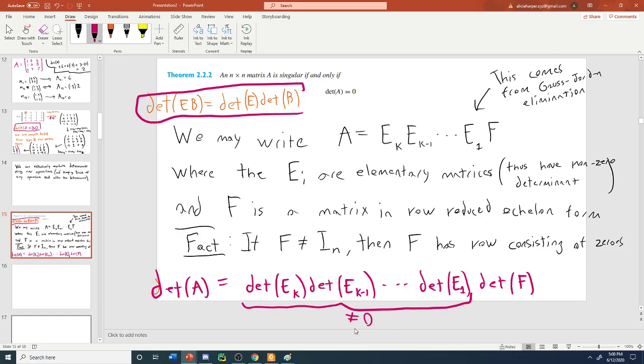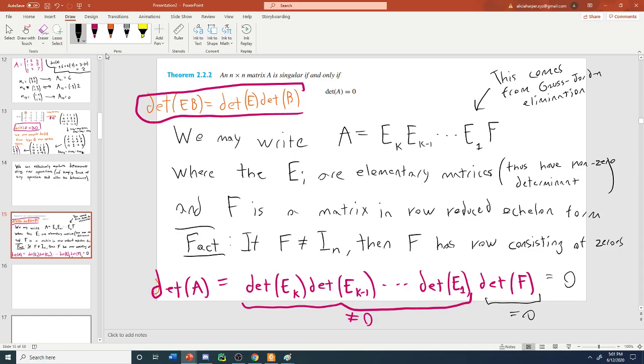But if A is singular, then when you put it in row-reduced echelon form, F can't be equal to the identity matrix, and thus it has to have a row of zeros. So the determinant of F has to be equal to 0, which implies the determinant of A has to be equal to 0.